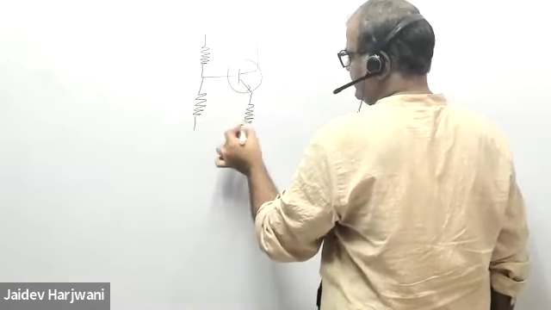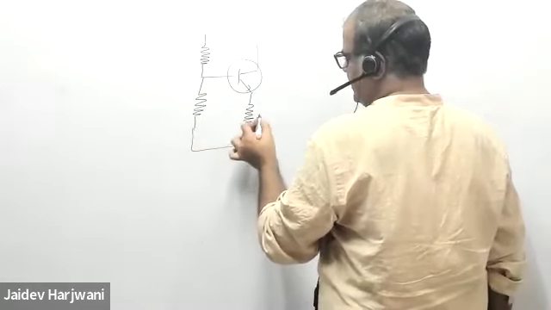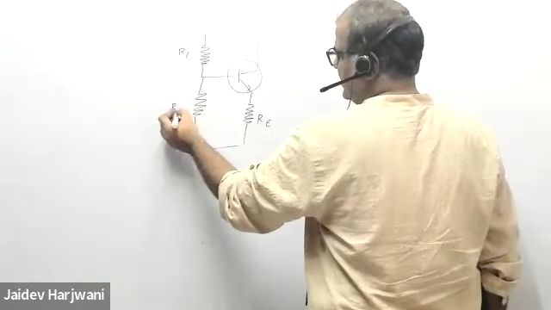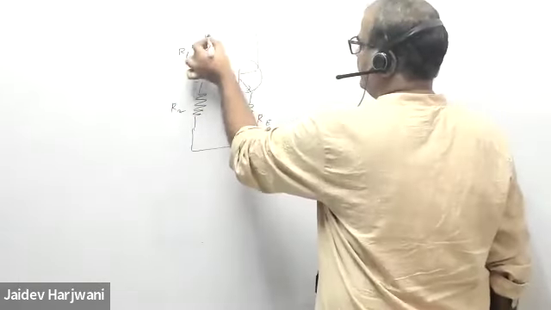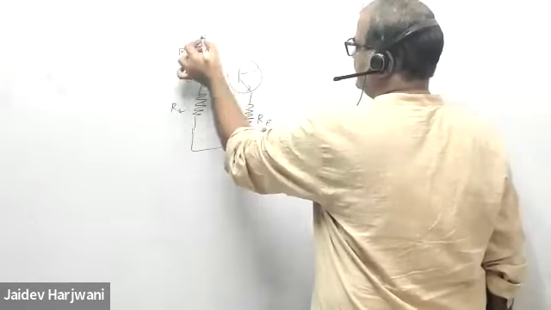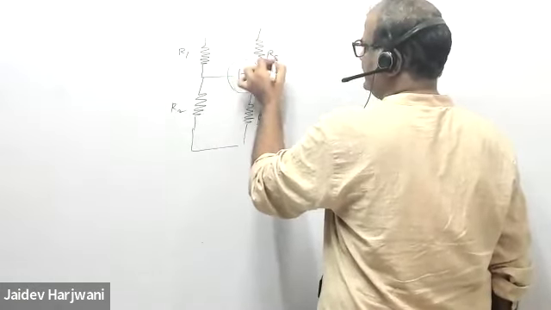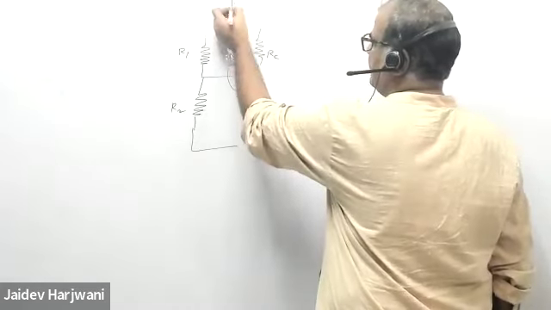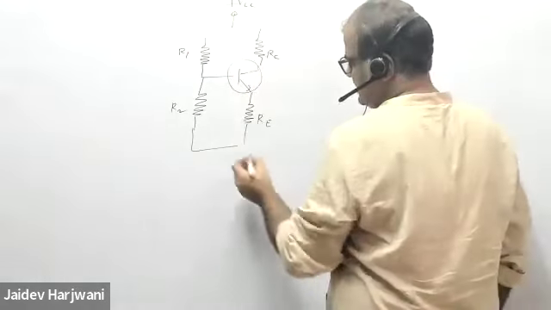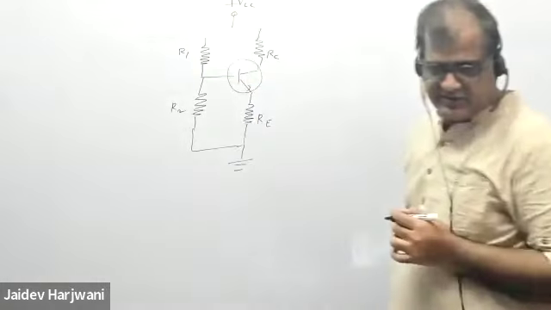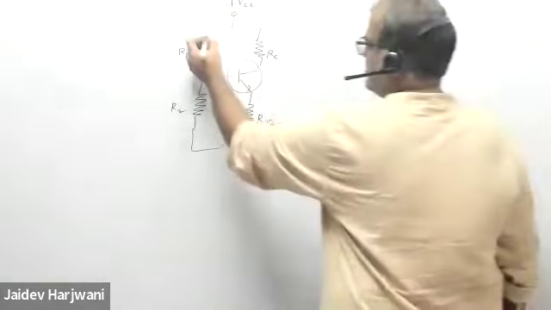Here you have the emitter resistance RE. Generally we say this is R1, this is R2, and we also put one RC here, and then we supply power supply VCC here. So this is my DC biasing, the voltage divider circuit in DC biasing.